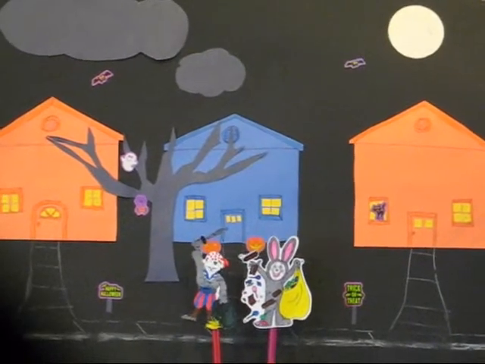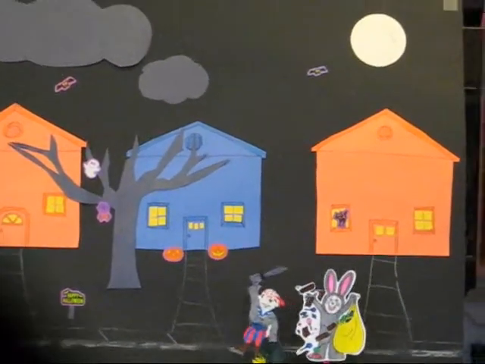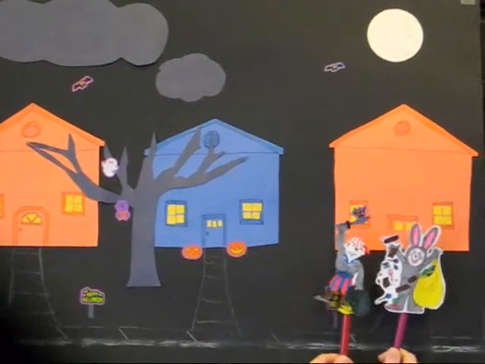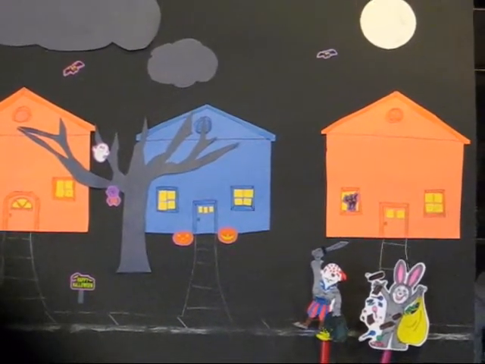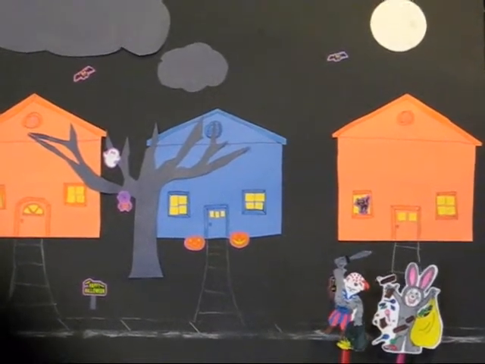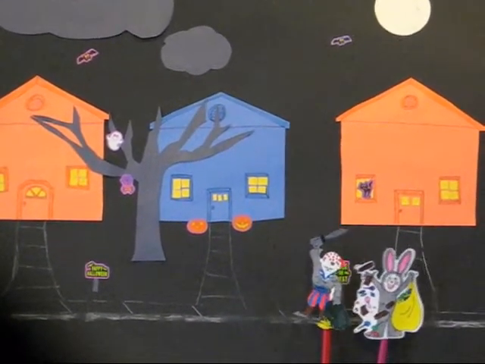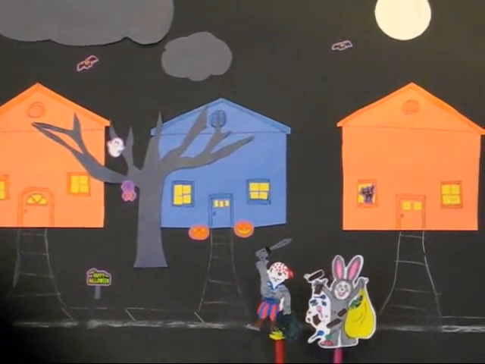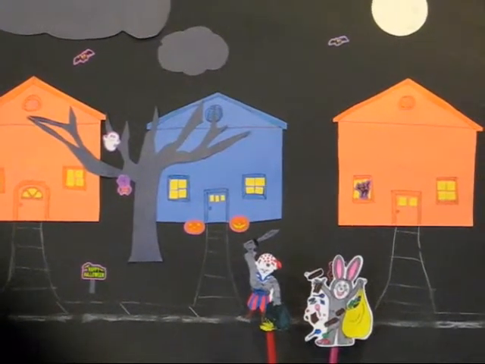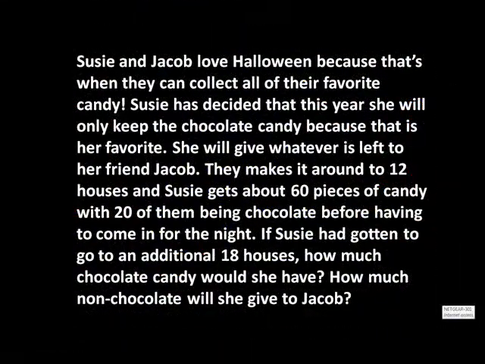They make it around to 12 houses and Susie gets about 60 pieces of candy, with 20 of them being chocolate, before having to come in for the night. If Susie had gotten to go to an additional 18 houses, how much chocolate candy would she have? How much non-chocolate candy will she give to Jacob?